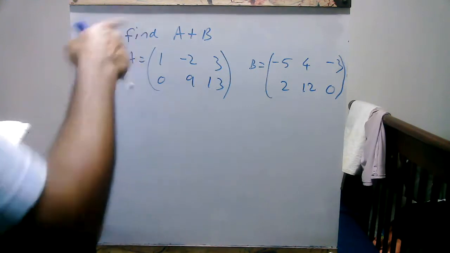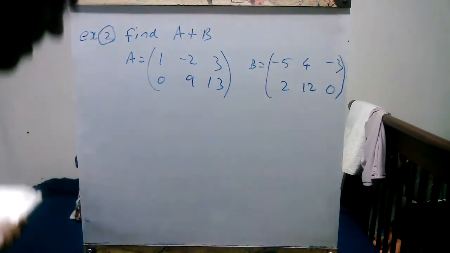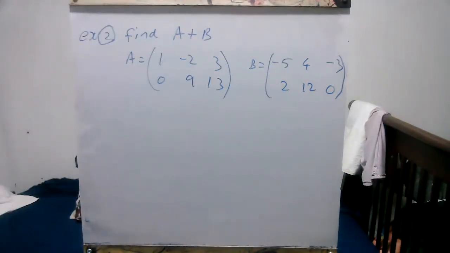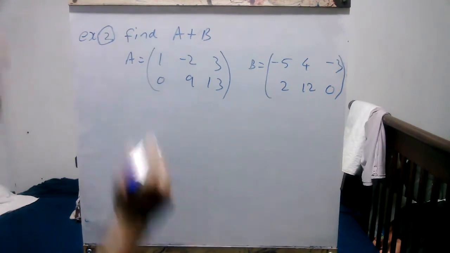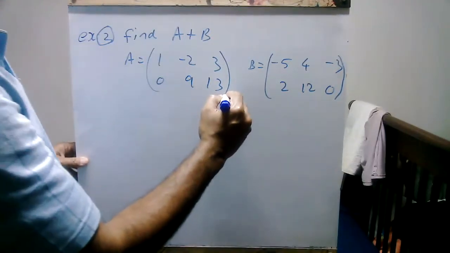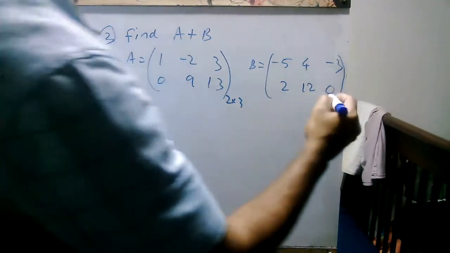The question is asking us to find A plus B. First check their sizes. This is 2 by 3 and this is the same size.